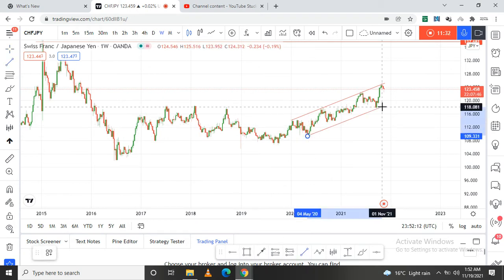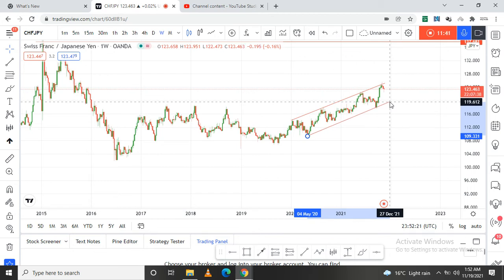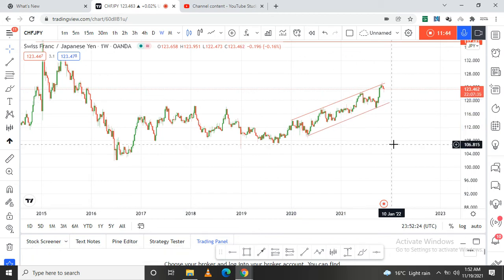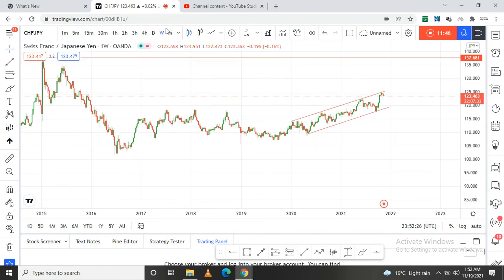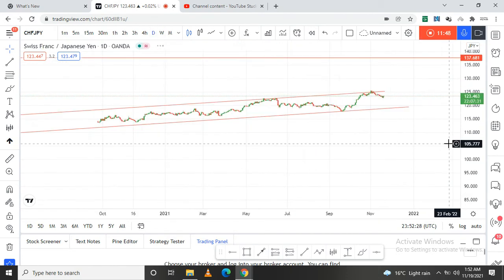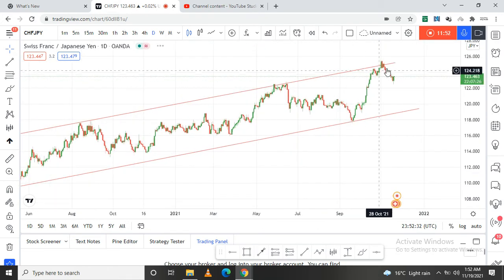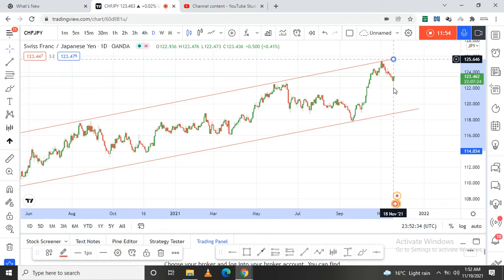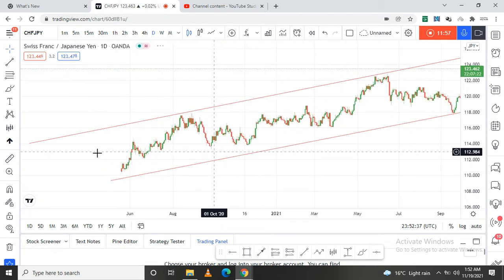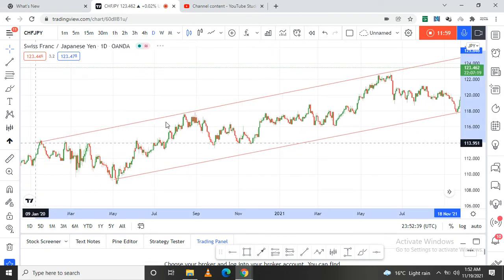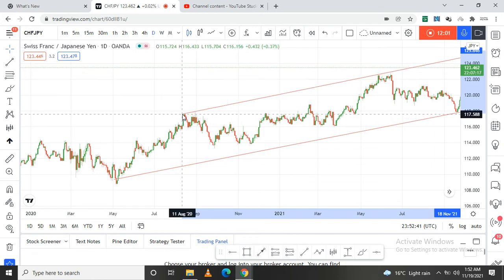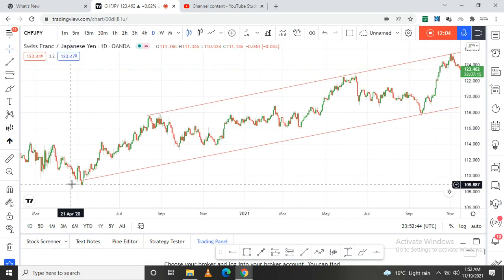If I also mark that low point, so if we go to your daily chart and start reading through the price action, then I'm going to adjust it and put it back here.